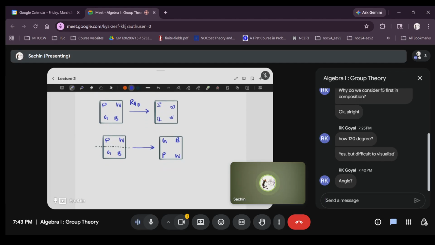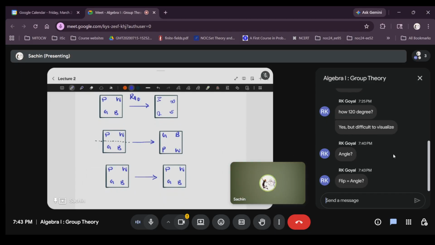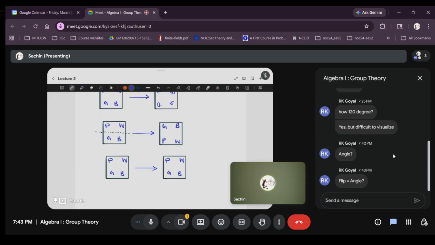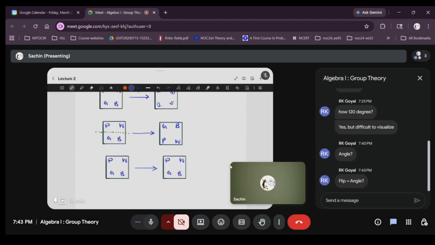Another type of operation you can do is, let me just show it.